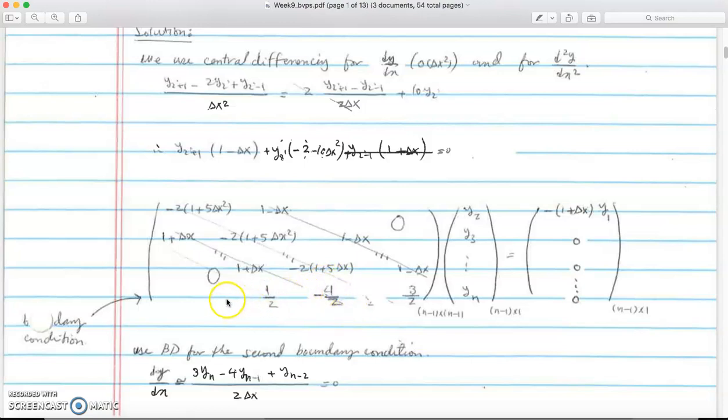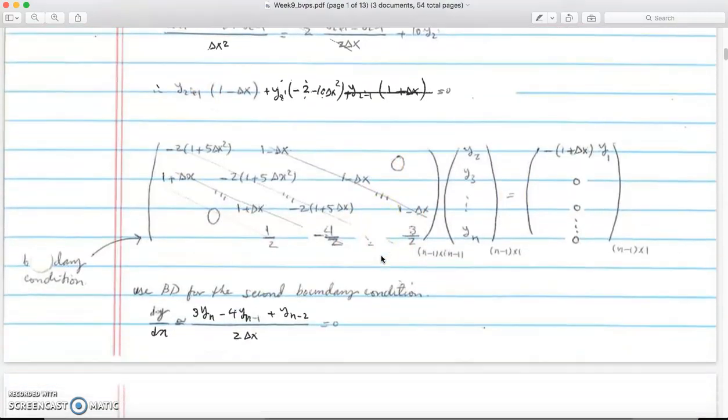So that means now I impose my boundary condition to the last equation, where I have the last 3 elements non-zero. All other elements on this side would be 0. So this big 0 means everything on the lower left and upper right corner of my matrix is 0. So anyways, I have a matrix form. I can go ahead and use the backslash operator to solve it.